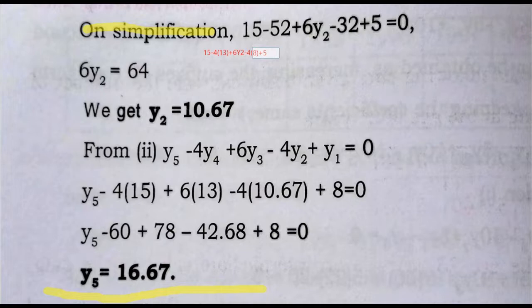So if I simplify it, I will get 15 minus 4 into 13, 52, plus 6y2, we don't know the value, we have to identify, minus 4 into 8, it is 32, plus 5, is equal to how much?